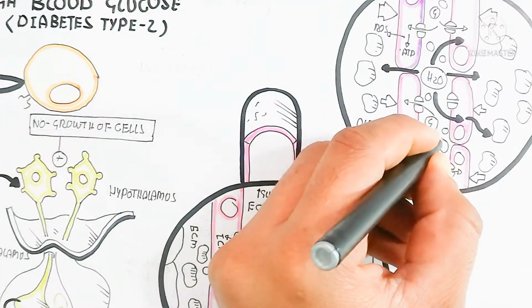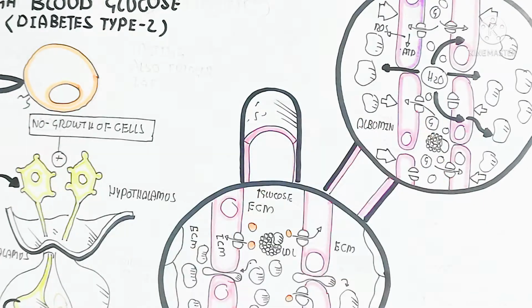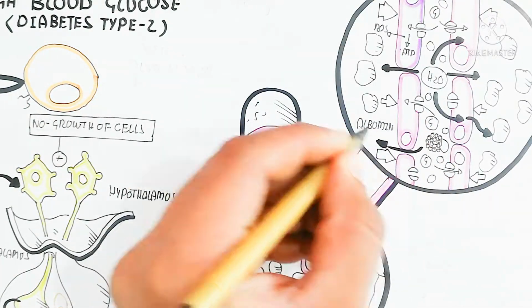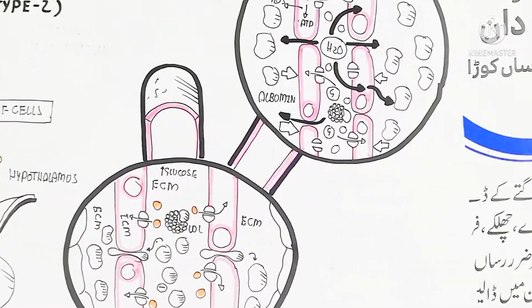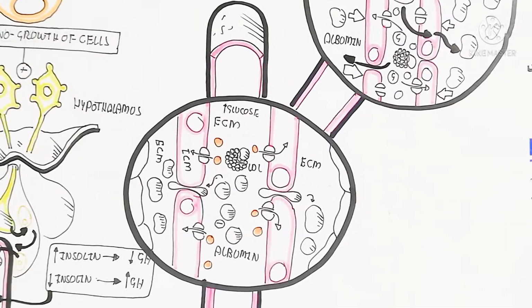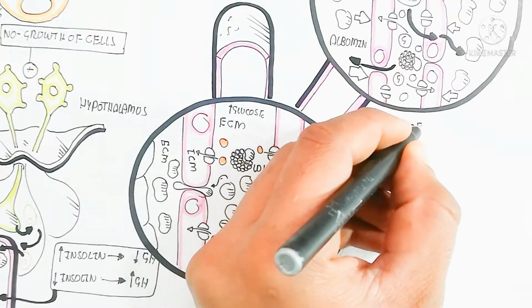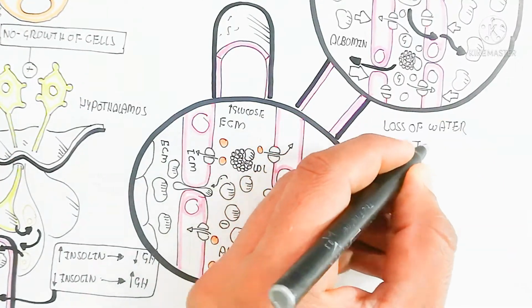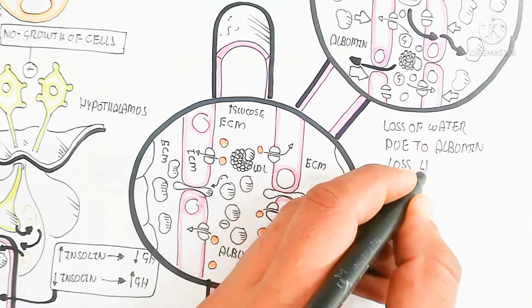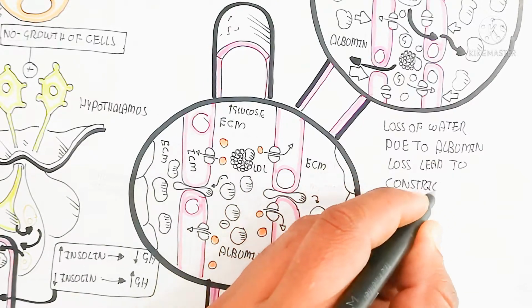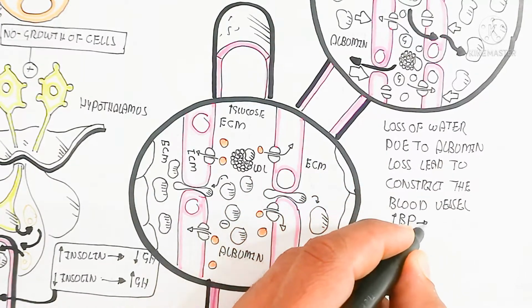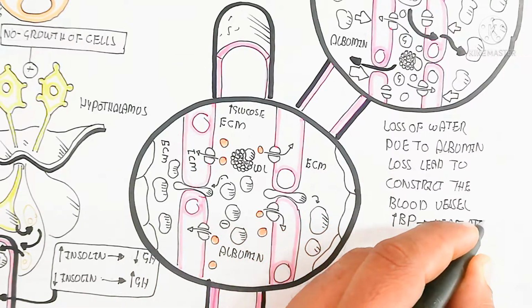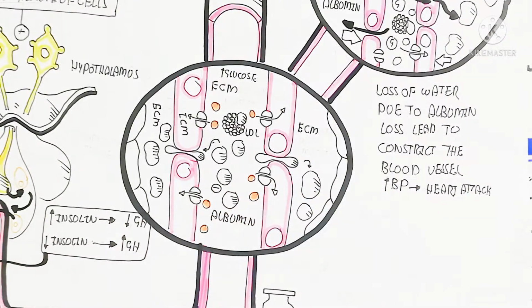Low density lipoprotein also moves into the extracellular matrix, creating atherosclerosis, coronary heart disease, and many others. The loss of water due to albumin loss leads to constriction of the blood vessel and increased blood pressure, which can also cause a heart attack.